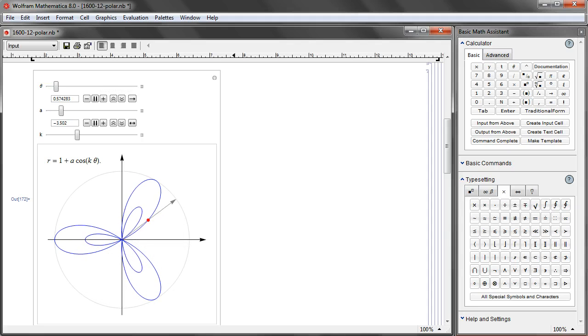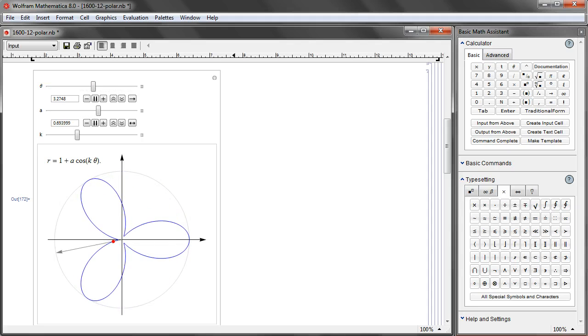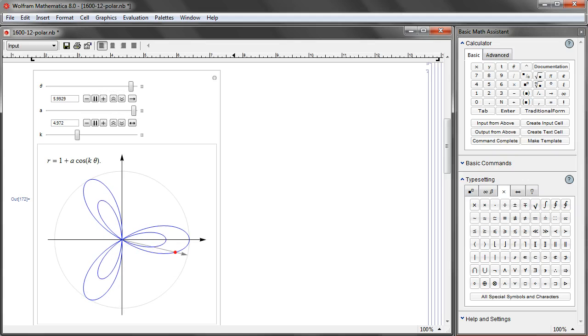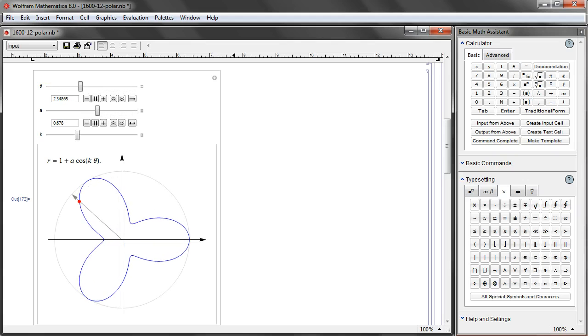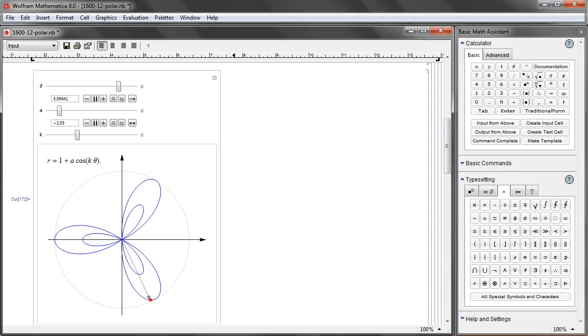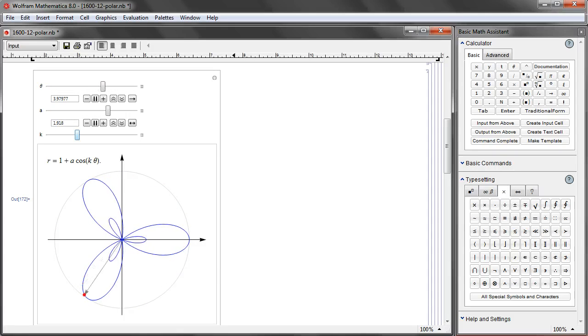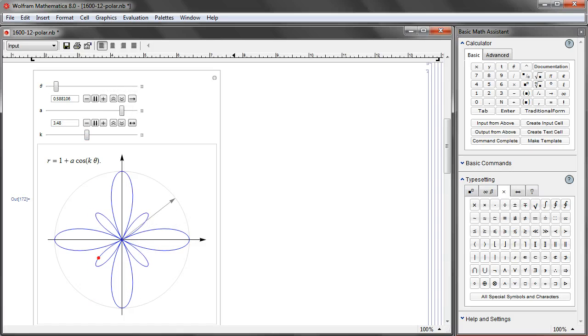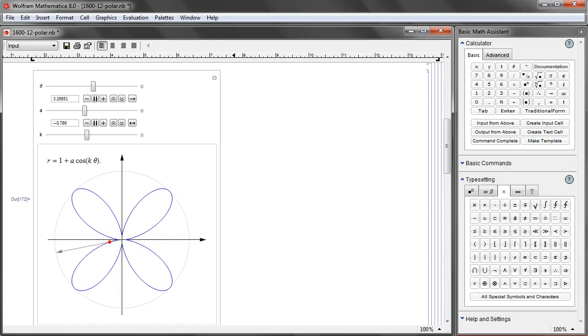By the way, change of theta moves around the red point and gray arrow, and change of a moves the curve itself, the blue curve itself around, change the shape of the curve. Change in k, of course, affects both of them.